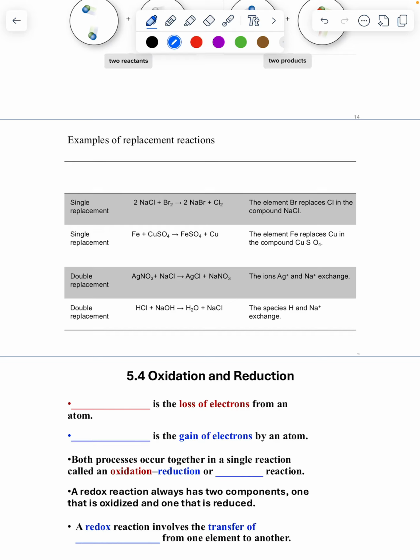In this case, you have Br2 as your single element, and if you look at the periodic table, you'll see that that is a nonmetal, so it is going to try to take the place of the nonmetal in the compound. You can see it has accomplished that. Instead of NaCl, we have NaBr, and then Cl is left by itself. Remember, don't forget about the diatomic molecules.